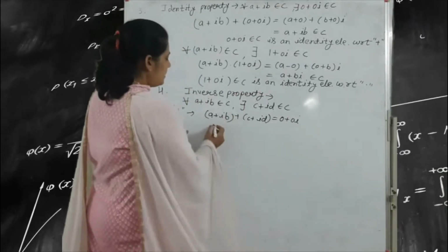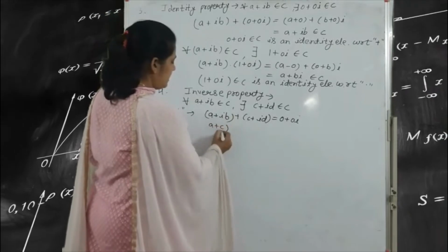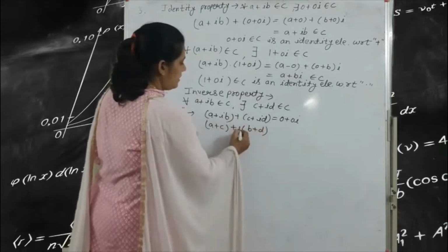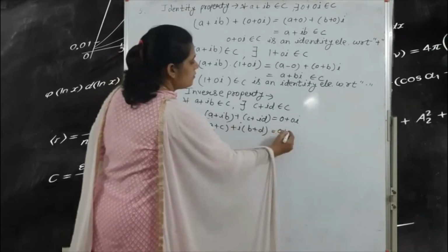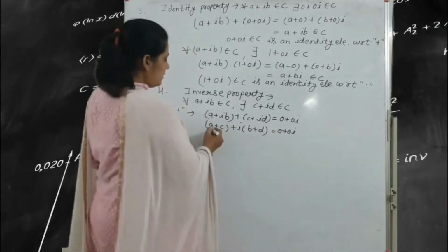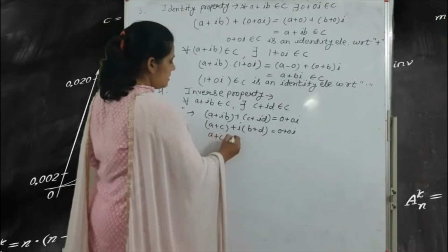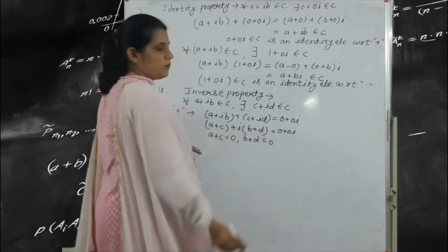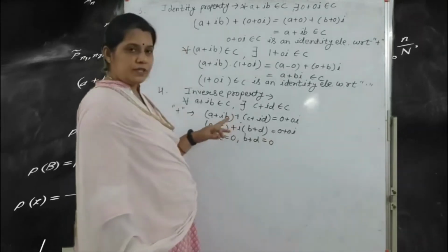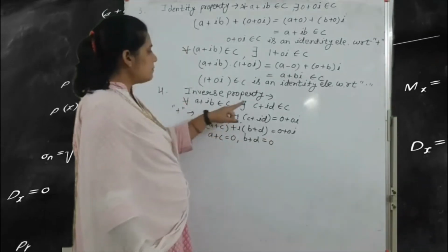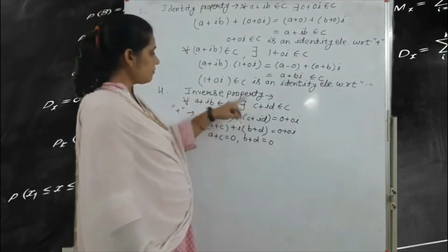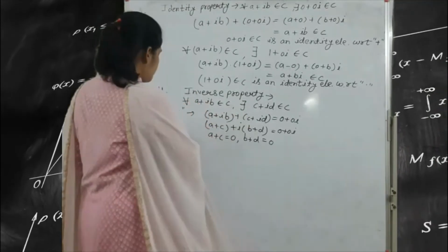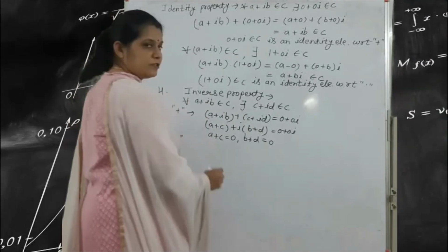So here we write (a + c) + (b + d)i is equal to 0 + 0i. That means a + c is equal to 0 and b + d is equal to 0. So c + id is the inverse of a + ib. Next one is multiplication.